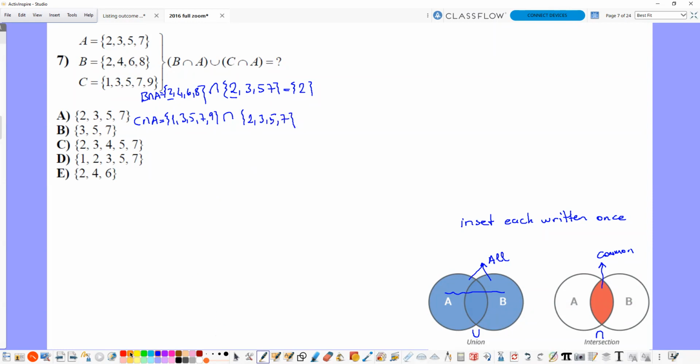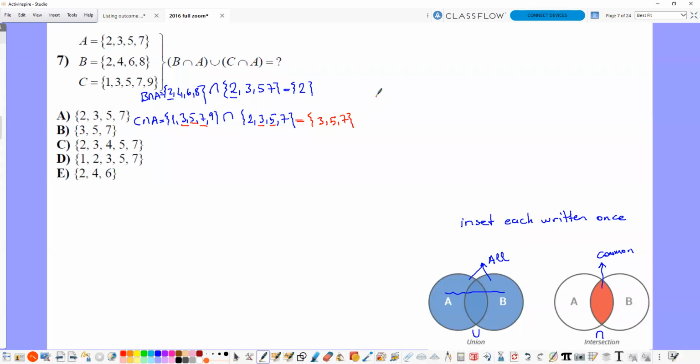So when I check the commons, 3 is the common one, 5 is the common, also 7 is the common. Okay. So the answer is 3, 5, 7.